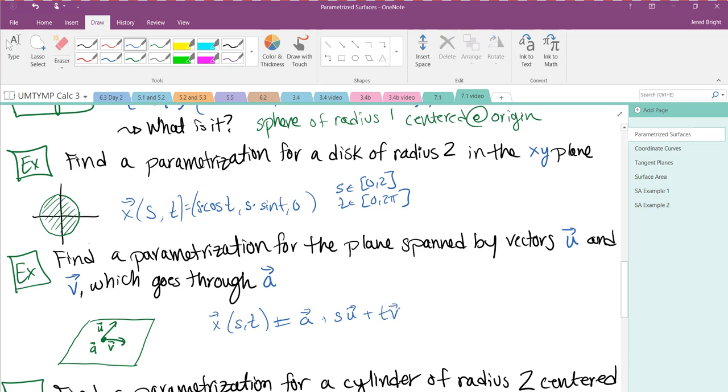Okay? And then we just say that the parameters s and t are real numbers.